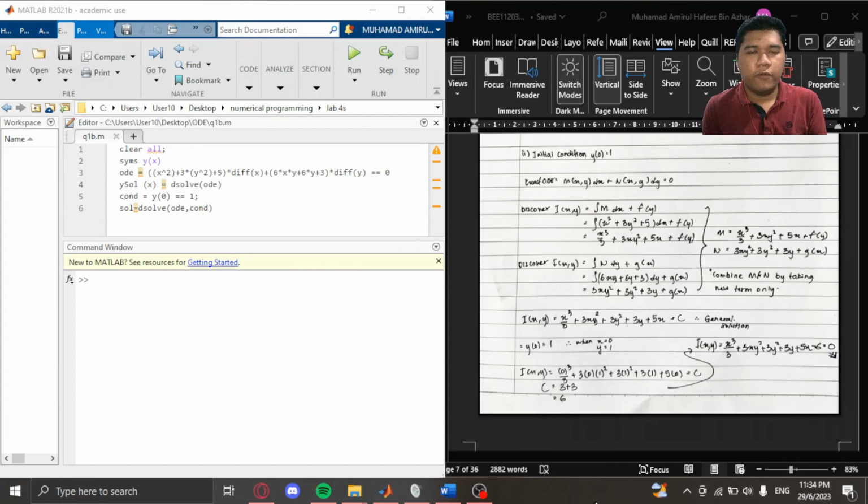Okay, so moving on to the comparison between using MATLAB and the manual calculation. For the coding of question 1b, first we need to insert syms y(x) and then insert the ordinary differential equation from the question and set it as ODE.